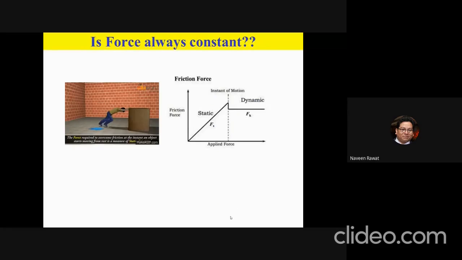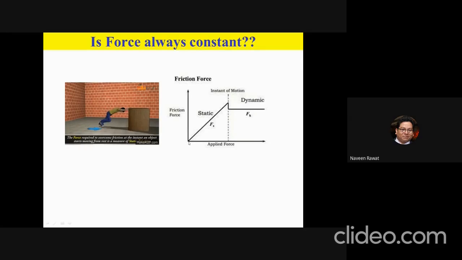So until now we have discussed that the force acting on the object is constant, right? However, if you think about it, that is rarely the case. Even if you consider a simple case where a person is pushing an object sitting on the ground and there is friction, you will realize that the force is not actually constant. If you try to push an object, initially there is no force acting on the object, so the applied force is initially 0.